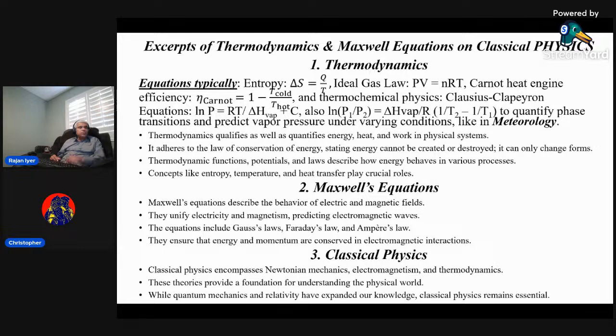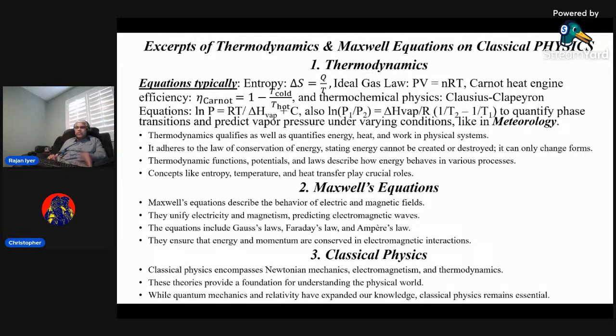Energy, temperature, and heat transfer have famous laws. Mostly it is static mechanics, I would say, thermodynamics. Then we have kinetics to study how exactly the systems behave in dynamic situations.